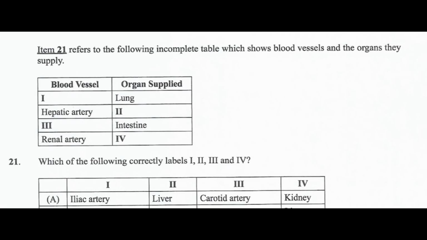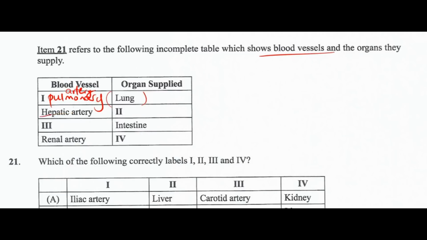Now item 21 refers to the following incomplete table, which shows blood vessels and the organs they supply. Now I guess you'll fill these out, so let's just fill them out right now. So the lung blood vessel. Okay, so the blood supply is brought to the lungs by the pulmonary artery, the only artery really that takes deoxygenated blood. So it takes it from the heart to the lungs to be oxygenated, then back to the heart through the pulmonary vein. Hepatic artery.